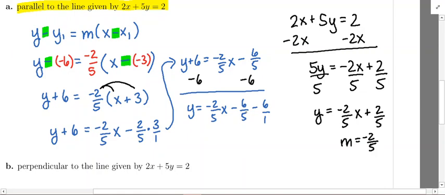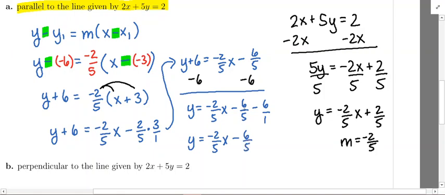So we're subtracting fractions here. They need to have a common denominator. If you're not sure, multiply the denominators together. 5 times 1 is going to be 5. So we're going to have y equals negative 2/5 x, and then minus 6/5.